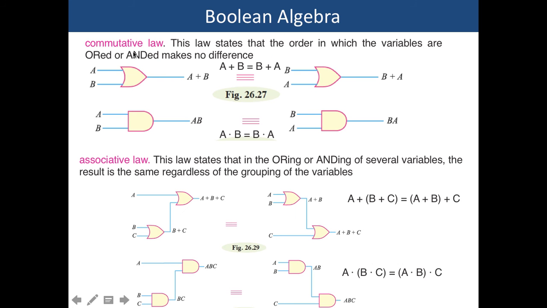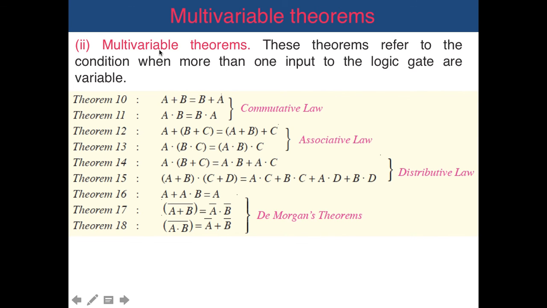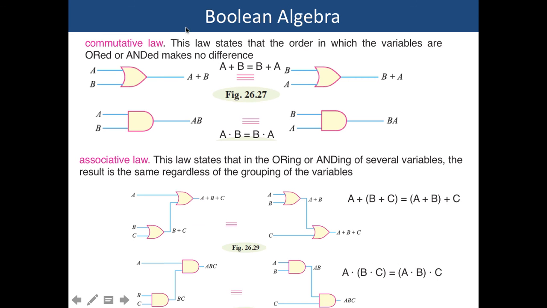So the first one is the commutative law, meaning theorems 10 and 11. This law states that the order in which the variables are ORed or ANDed makes no difference. Whether it is a plus b or b plus a, no difference. We can show this: the plus sign means OR gate.